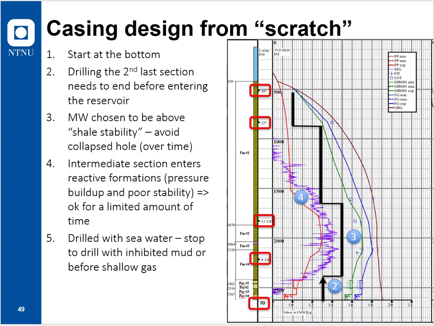Basically, that's how casing design works. And where there are significant risks of needing to add a section, you of course need a contingency hole size. That could be a drilling liner or so.